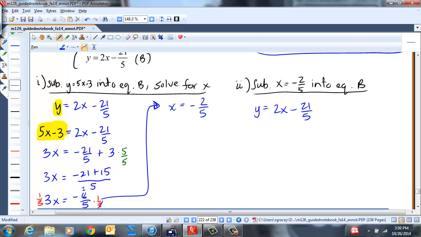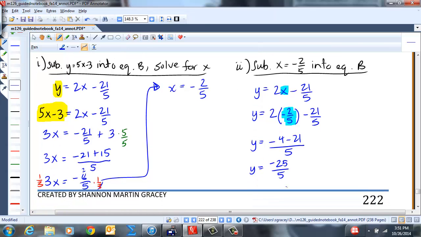So plugging in x is negative 2/5, we'll have 2 times negative 2/5 minus 21/5. This is what we did for x: we plugged in negative 2/5. So y is equal to negative 4 minus 21 all over 5. So y is negative 25/5, which gives us y is negative 5.